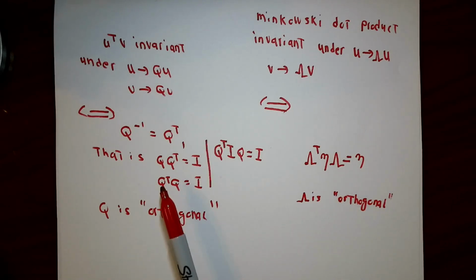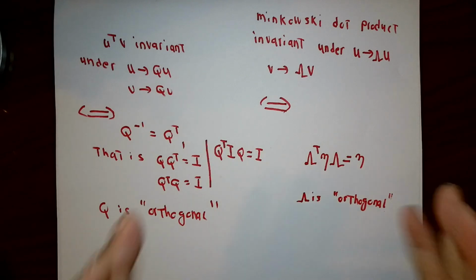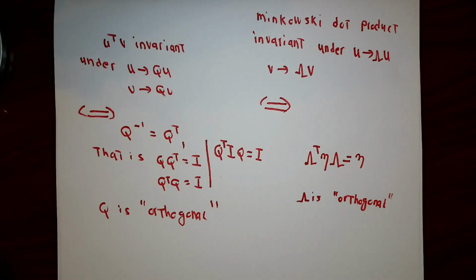That orthogonal and that orthogonal are not the same thing. So when we're speaking of this in the future, we're going to have to be very clear about which orthogonal it is that we're talking about.